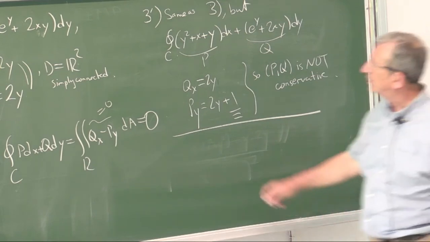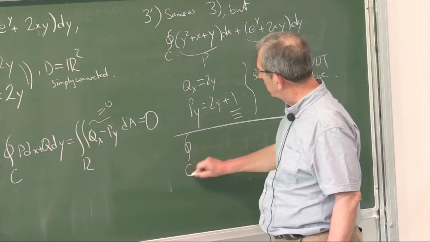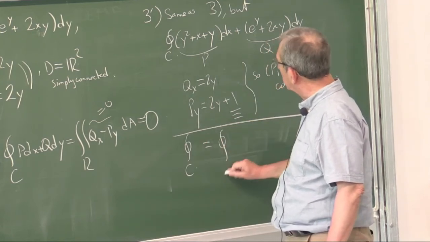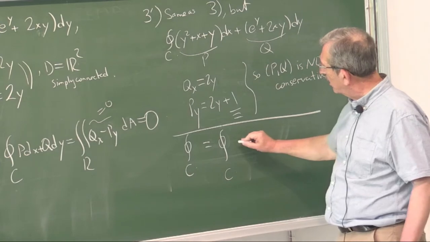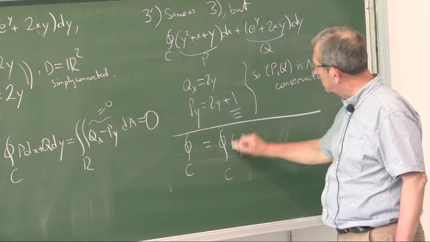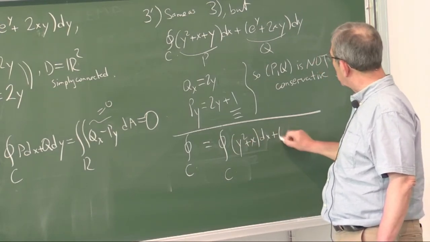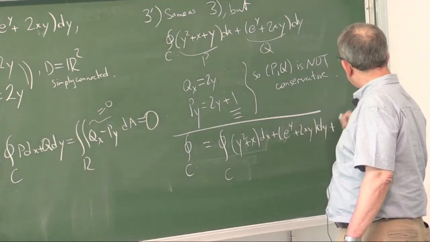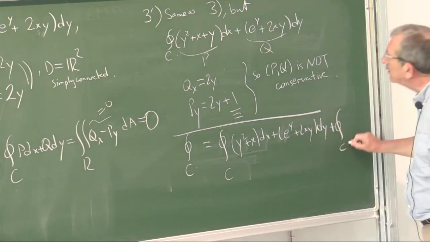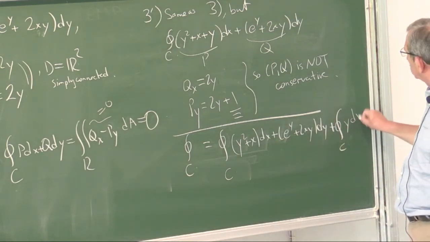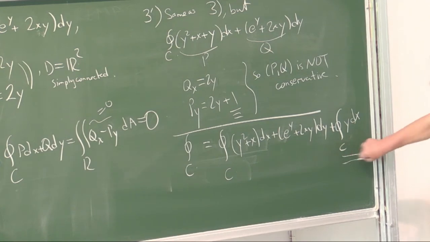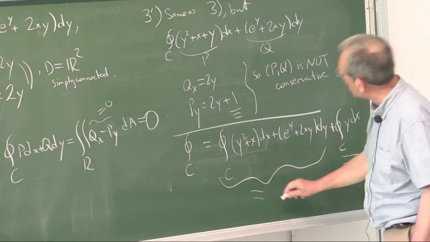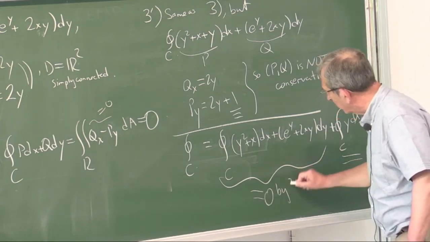In other words, our integral in this example is the integral of y squared plus x dx plus e to the y plus 2xy dy plus the integral of y dx. Namely, I separated this one because I know this is 0 by 3.